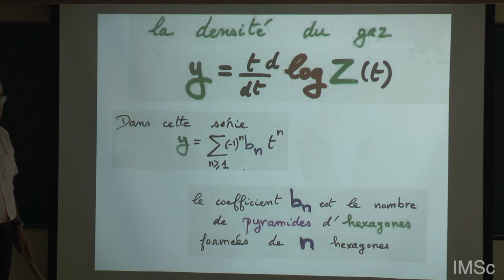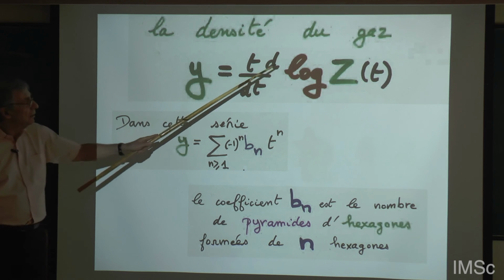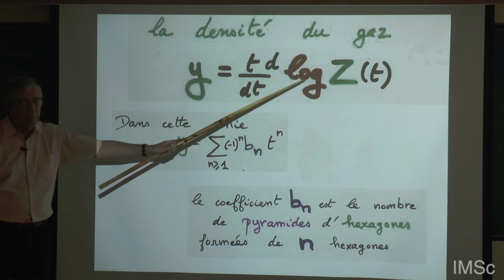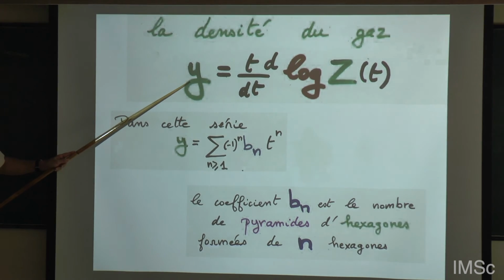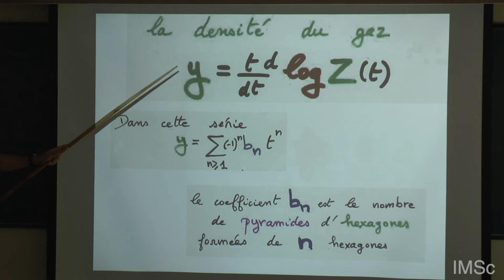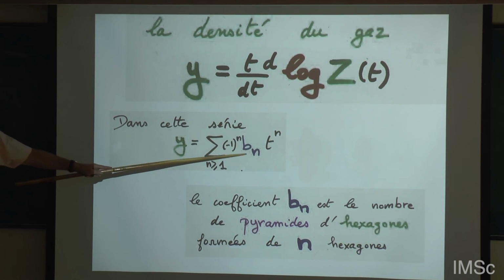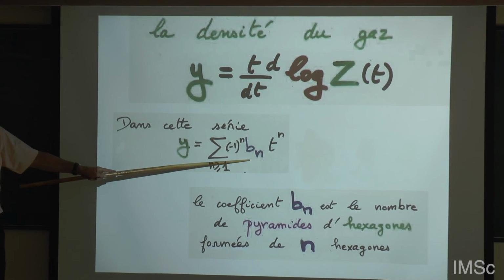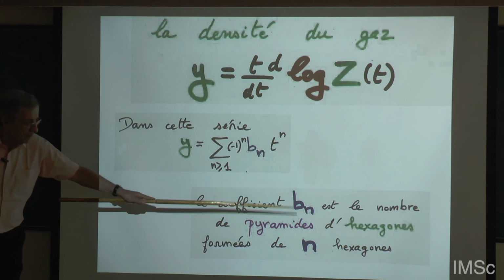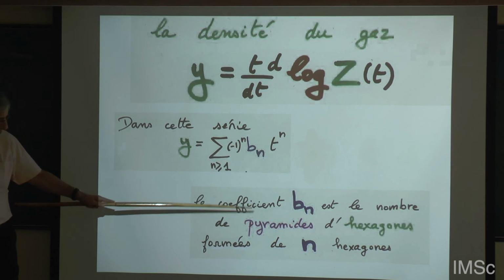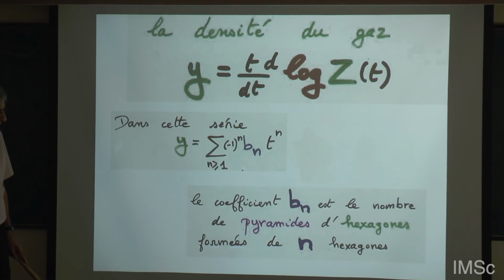Now I will finish with something very beautiful. If you take t times the logarithmic derivative of the partition function, this is called the density of the gas. And if you take this derivative function, up to the sign, the b_n is a positive integer, and b_n can be interpreted as exactly the number of pyramids of n hexagons.